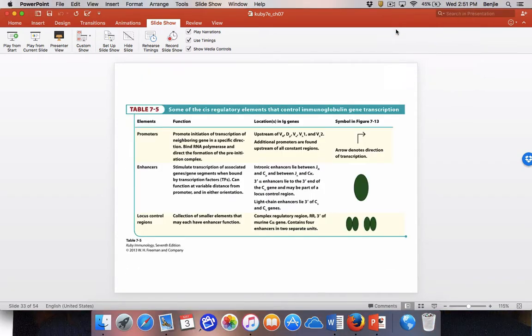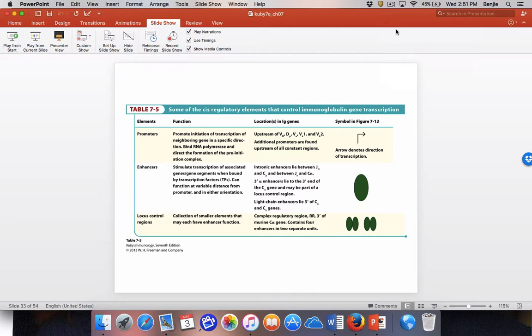One of my favorite questions to ask on one of these exams is about class switch. Class switch recombination is a special event that occurs in cells after they're activated by their antigen. It results in a loss of DNA encoding the small segments down near the end of the Fc region, and it can allow cells to switch from one class of antibody to another.